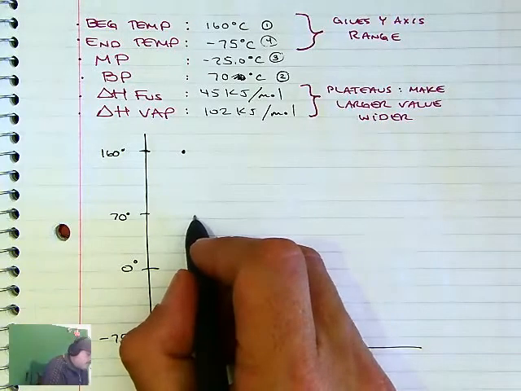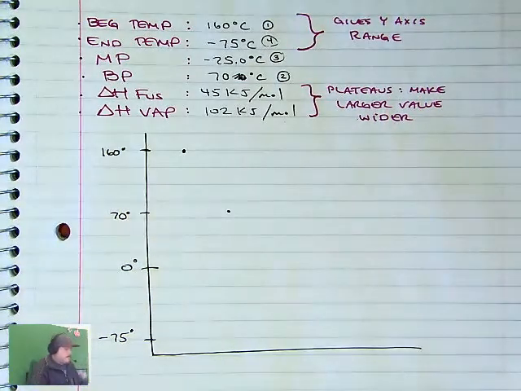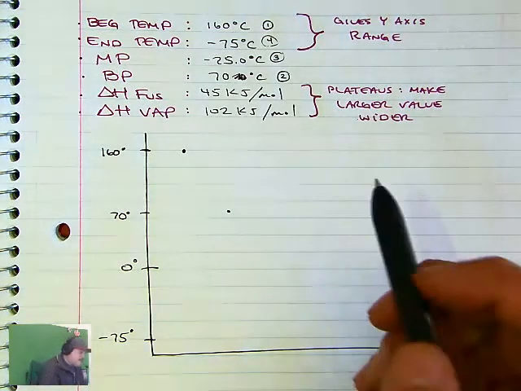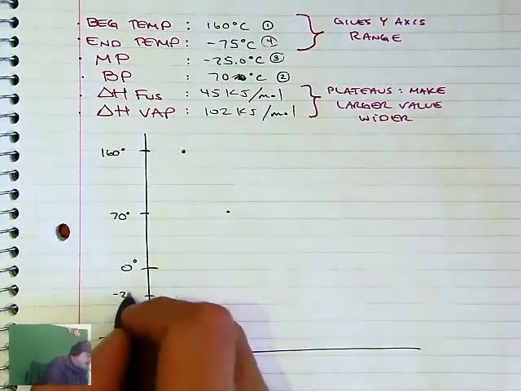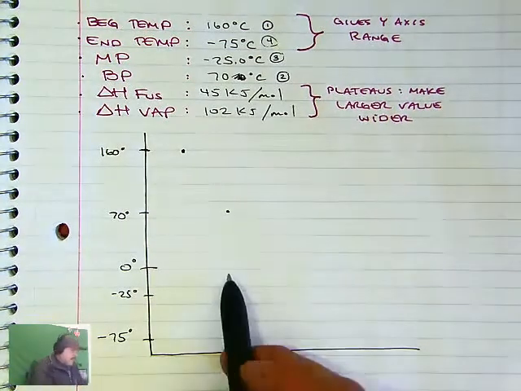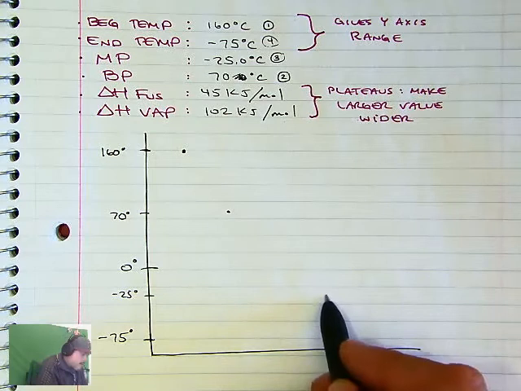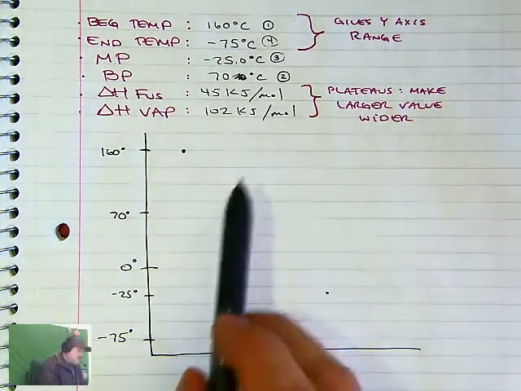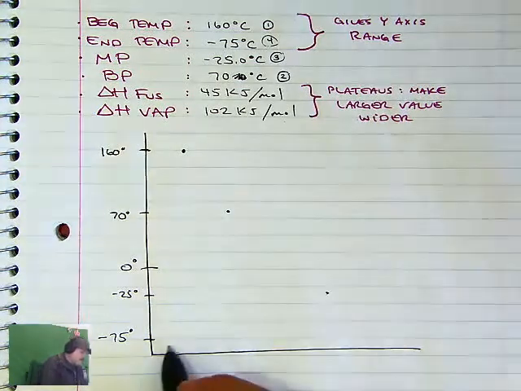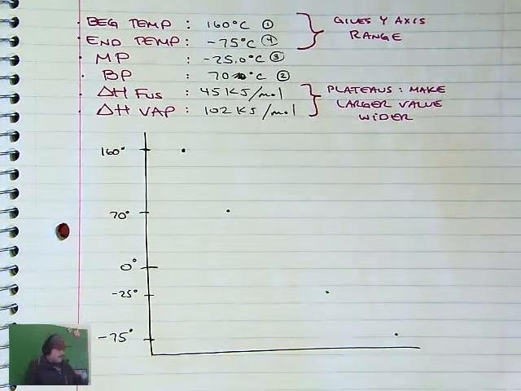The next highest temperature is negative 25, somewhere down here, and I scoot it over more to the right. They're not going to be perfect. And then my last value is negative 75, which is going to be somewhere just like so.